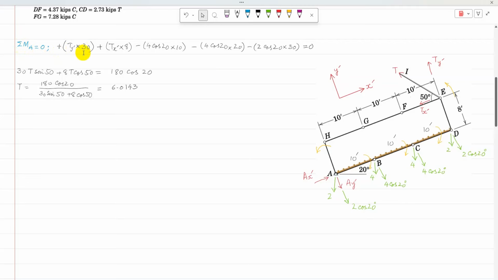So Ty dash times 30 plus Tx dash times AH equal to 8, and then minus 4 cos 20 times AB, which is 10 feet, then 4 cos 20 at C times 20 feet, and then 2 cos 20 times AB 30 feet.